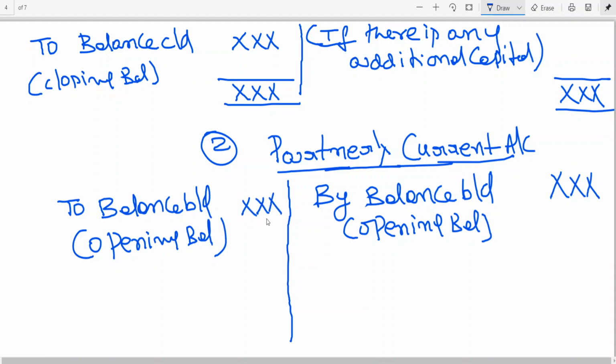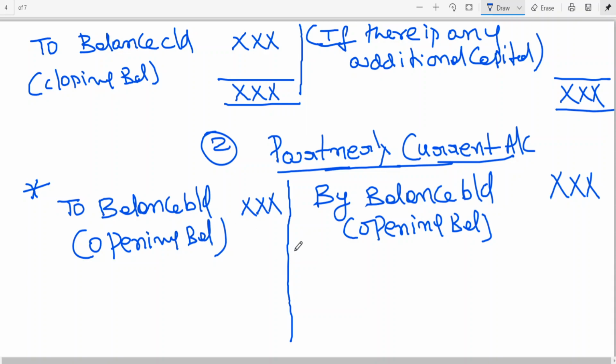That means partners current account may show a credit balance or a debit balance. Only one will appear. Both won't appear. A partners current account may show opening balance, the credit balance, or the partners current account may show debit balance. Debit balance indicates amount is due from partner to the business. I am repeating once again. Here debit balance indicates amount is due from partner. Credit balance indicates amount is due to partner.